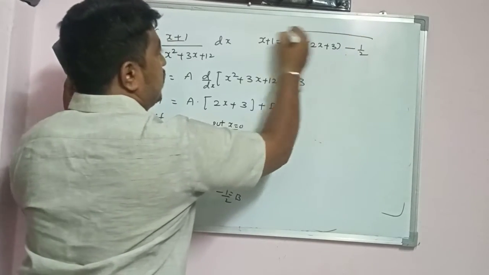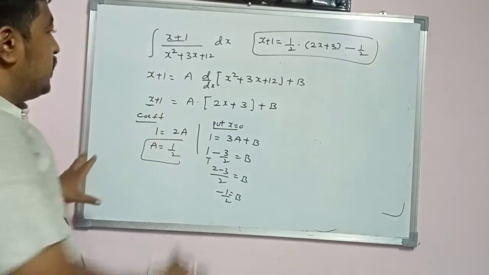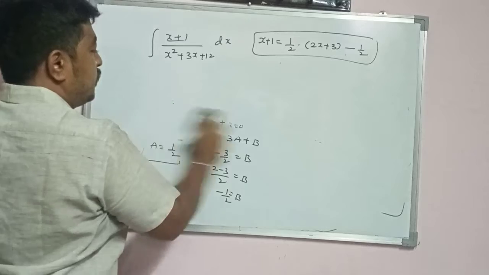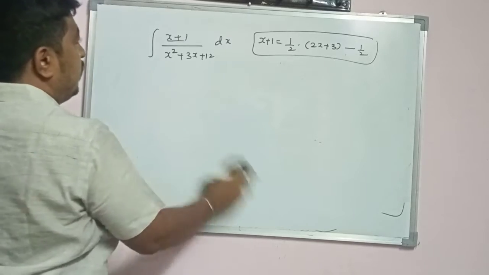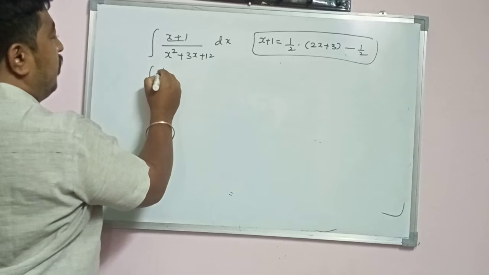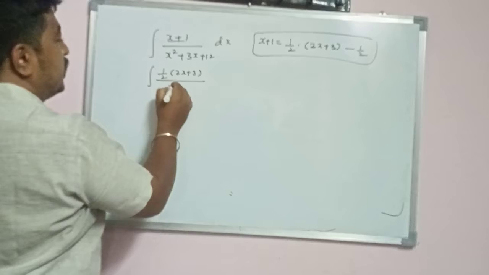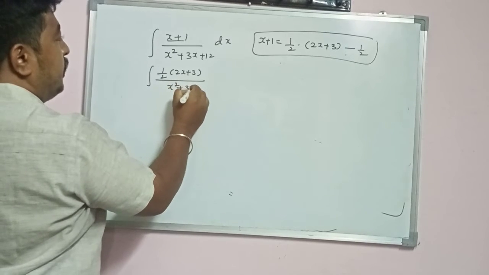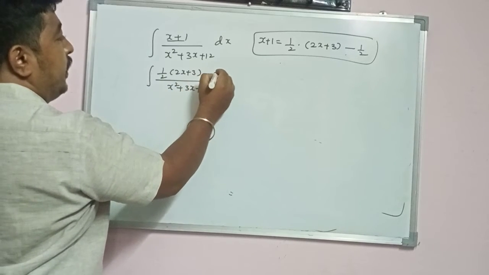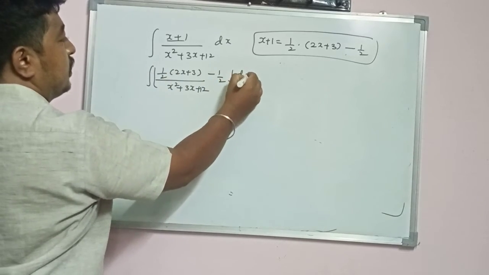In the place of x + 1, I want to substitute this, so I write the integral of half into (2x + 3) minus half, over x² + 3x + 12, dx.